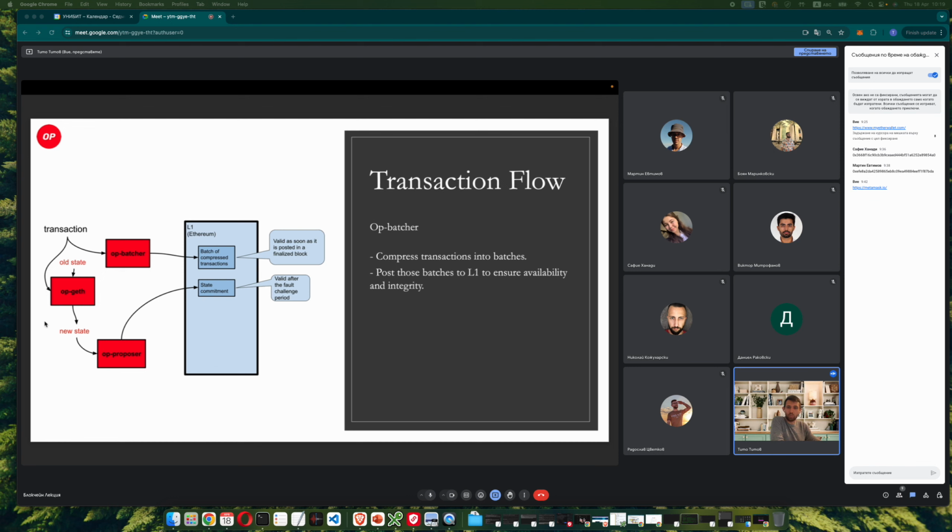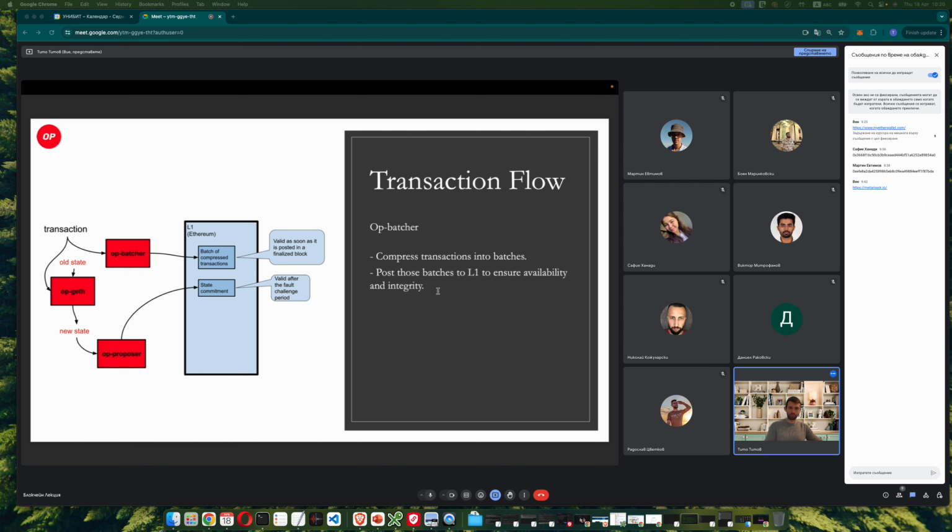If there are multiple transactions, they are batched in order to save space. The batcher is broadcasting new transactions and new states to layer 1, compressing the transactions in batches. So when we have, let's say, 20 transactions, we don't send them one by one from the proposer, but we batch them and send one transaction which has the information of the state changes of these 20 transactions.